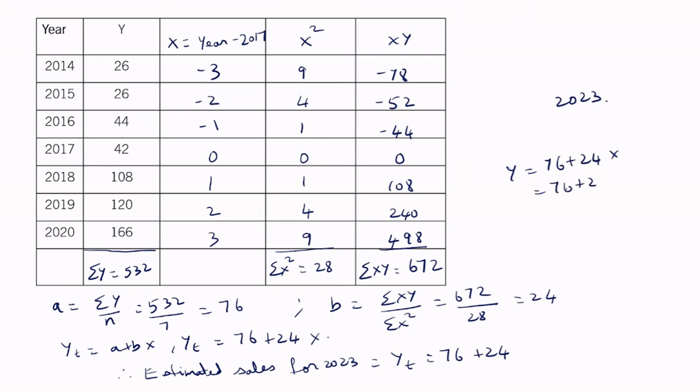Now this x is nothing but year minus 2017. So we need to estimate the sales for 2023. So this will be 76 plus 24 into 2023 minus 2017. So this will be 76 plus 24 into 6. So this is equal to 220. So the estimated sales is rupees 220 lakhs.